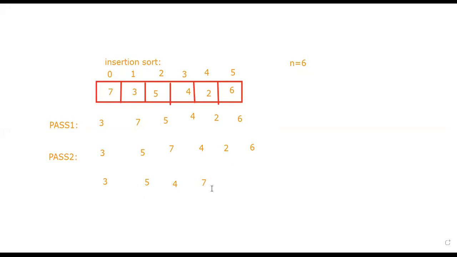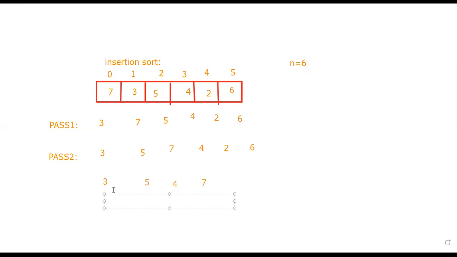But here see, 5 is before 4. Is it in ascending order? No, it is against the rule. That is why it will compare with the remaining elements also. The 4 is compared with the remaining elements also. So again it will sort the order.